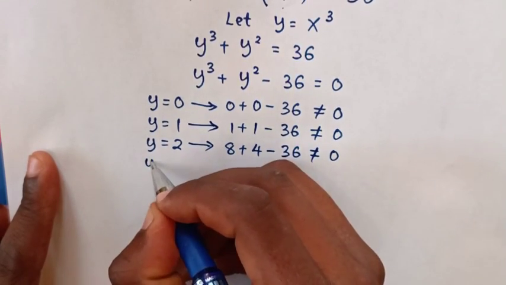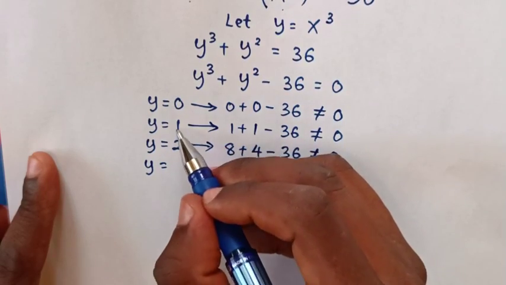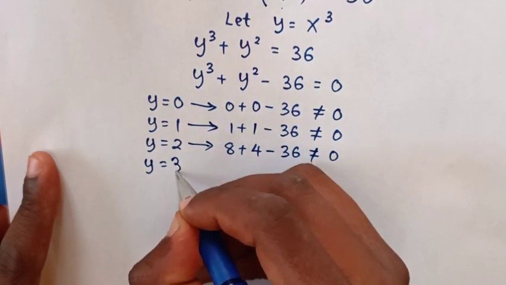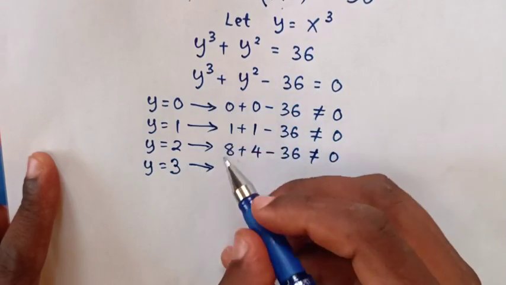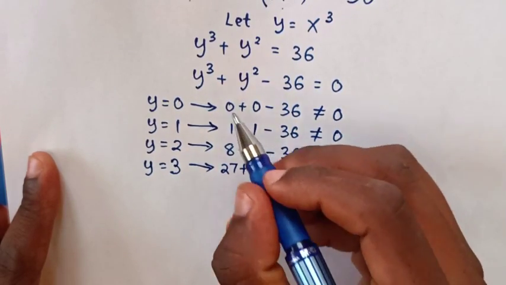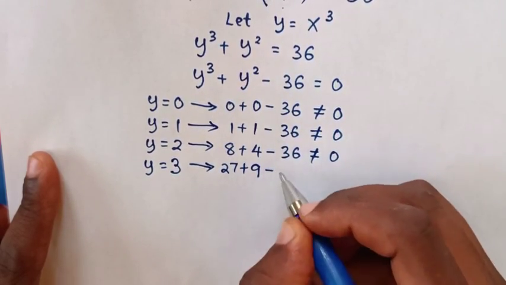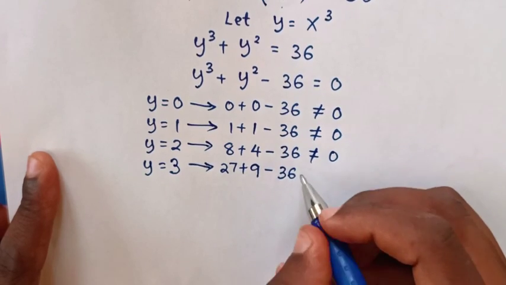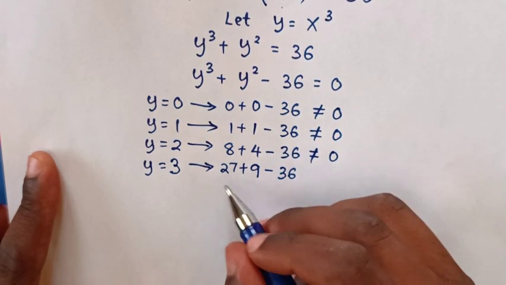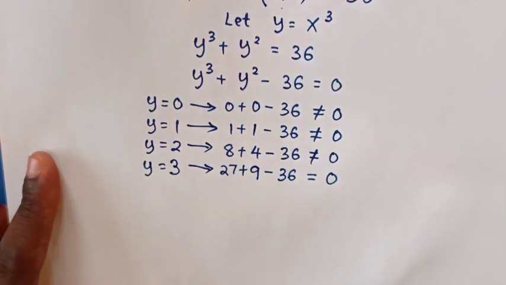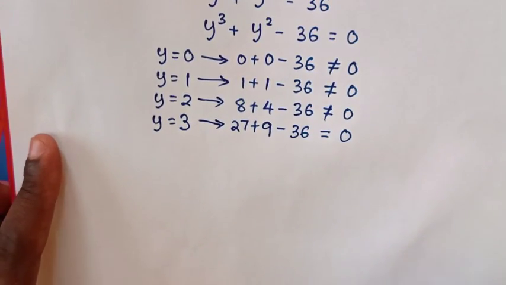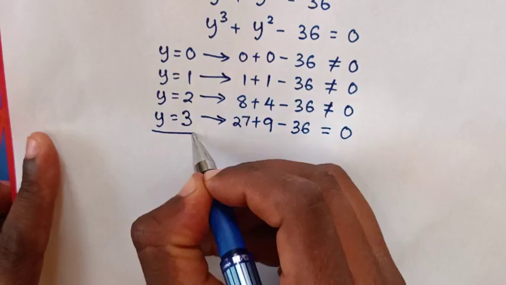Then we test y = 3. When we substitute 3, it will be 3^3 is 27 plus 3^2 is 9 minus 36, which is 36 minus 36, equal to 0. So one of the factors for this equation is 3.